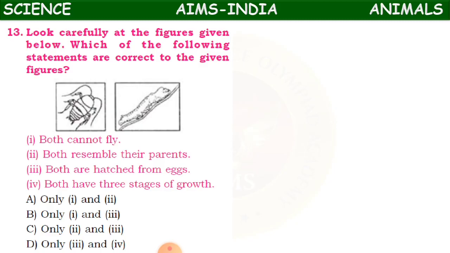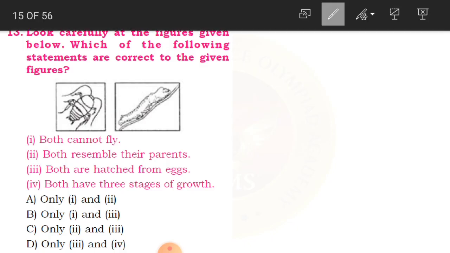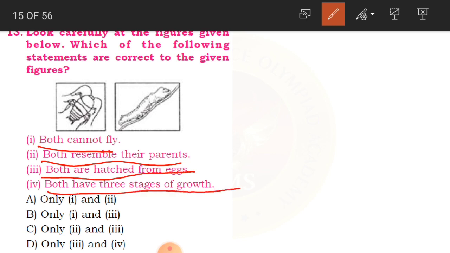So we have to choose the correct statements. The first option is both cannot fly, and the second option is both resemble their parents. Third one is both are hatched from eggs. Fourth one is both have 3 stages of growth.